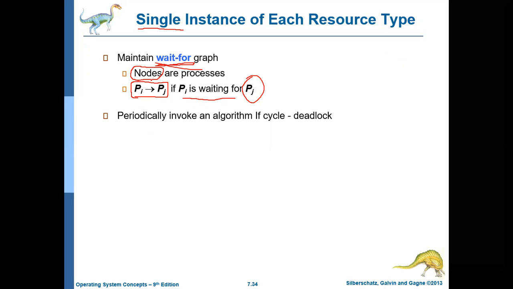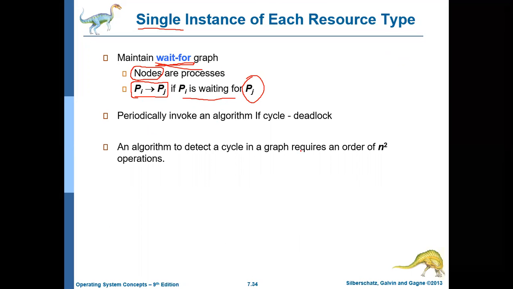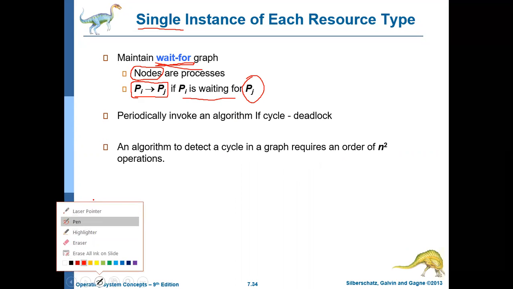If a cycle exists in the wait-for graph, then it means there is a deadlock. So basically the wait-for graph should be constructed, and if there is a cycle, there is a deadlock. This graph requires an order of n squared operations, where n is the number of processes.